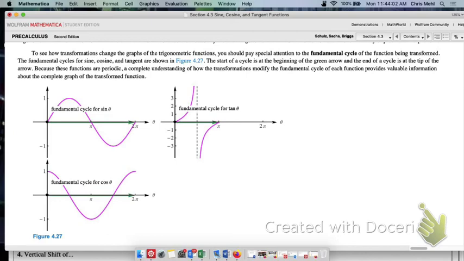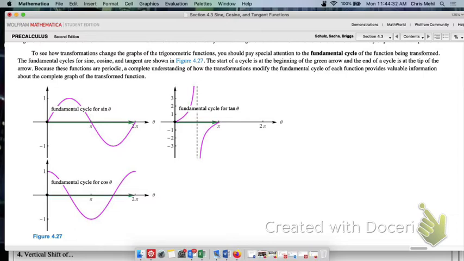if you're looking at sine and cosine, there really is no amplitude for tangent because there is no maximum or minimum value because of the vertical asymptotes. But if you look at the graph of sine and cosine, sine and cosine have a middle value of 0, and the distance from either 0 to the maximum or 0 to the minimum value would be positive 1.